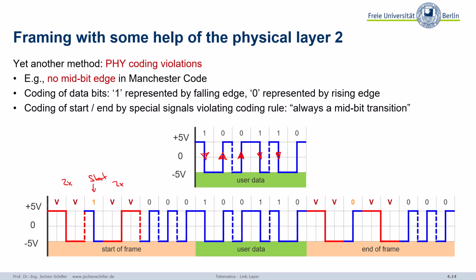But start and end have special coding violations. Here again, 2 times violating, and now the 0 indicates this is the end, 2 times violations and 3 zeros. And this shows you yet another example of how we violate the layering. So layer 1 now helps layer 2 with the task of framing.